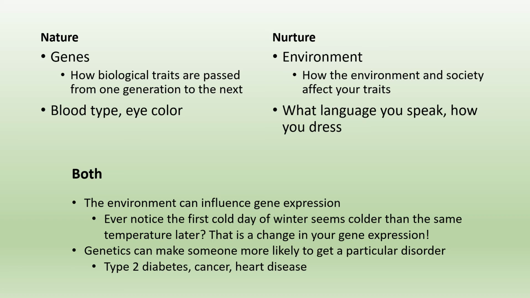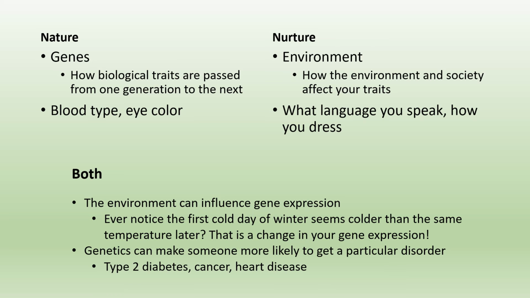Then there are the things that have what's called medium heritability. And this can be a combination of your genes and your environment. One of the most obvious ones is weight. There's some impact of your genes on your body weight, but there's also some impact of the environment.